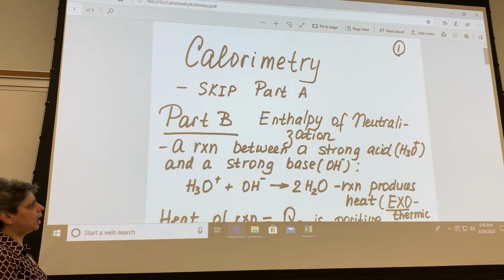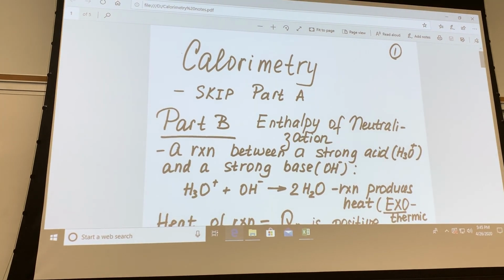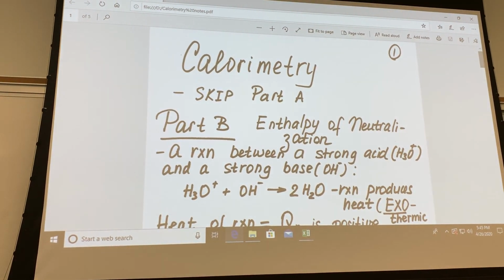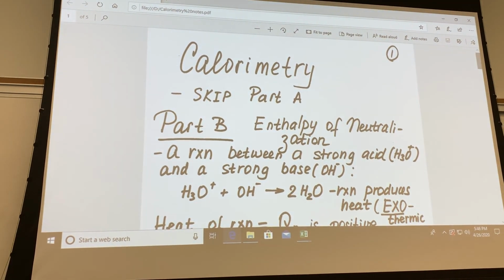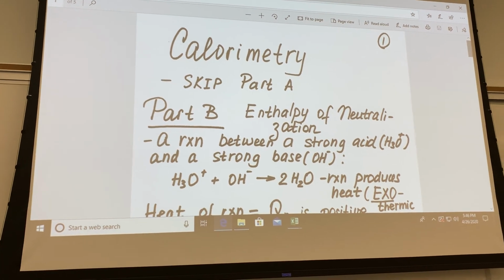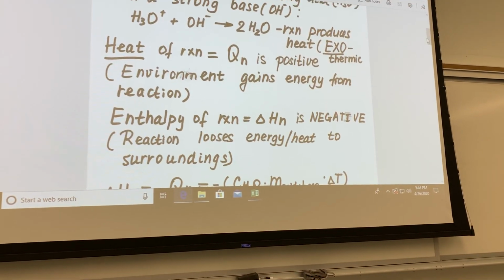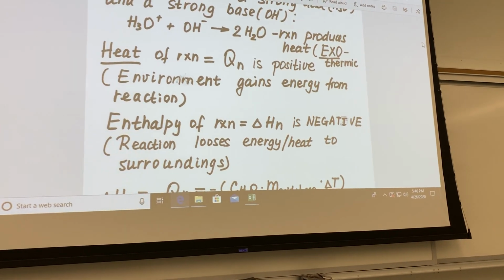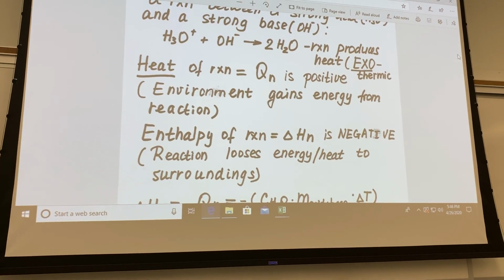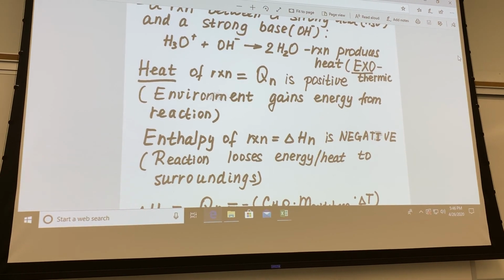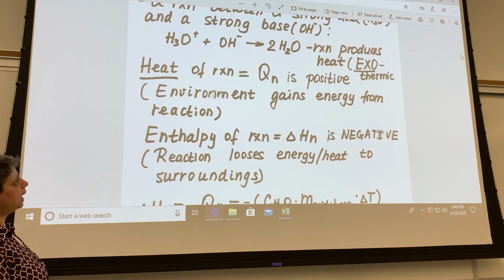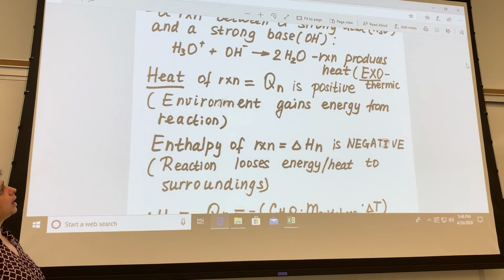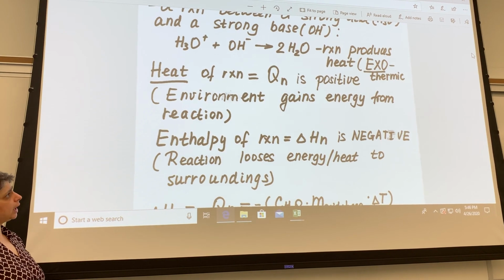This reaction, neutralization reaction, is expected to produce heat, which means it's going to be an exothermic process. Here we'd like to differentiate between heat of reaction and enthalpy of reaction. The absolute value for heat of reaction is equal to that of enthalpy of reaction, but the difference is in the sign.